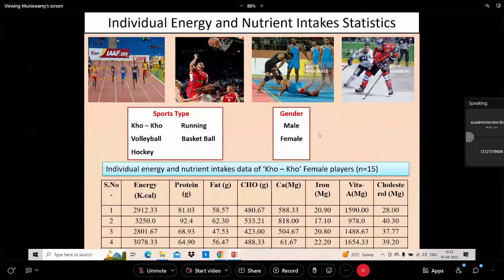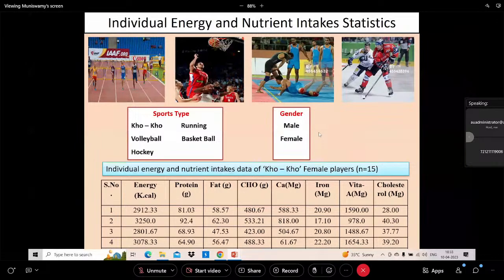So energy, protein, fat are the variables, and gender, sports and age are the factors. As an investigator or a researcher, you have to identify variables and factors.